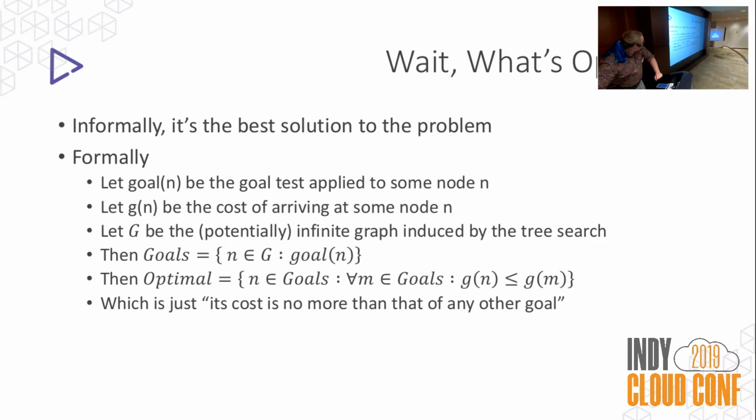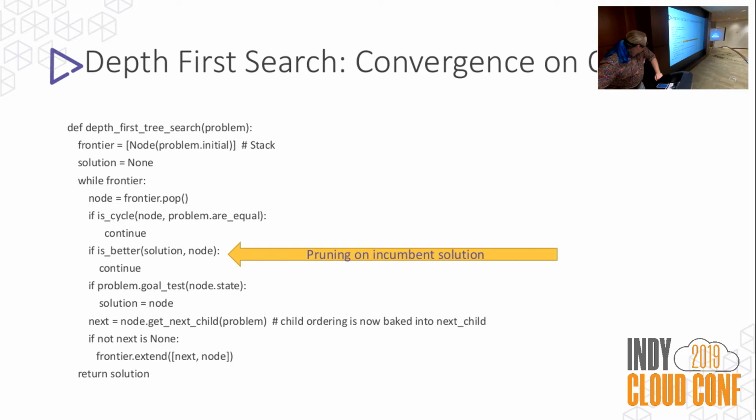We can do interesting pruning based on optimal solution cost, or based on incumbent cost, to converge on the optimal solution. So I skipped over this line previously. If the node that we have in hand is better than the solution, or rather, if the solution is better than the node, keep going. This is actually where all of the efficiency in depth-first search comes from. You find some answer, you throw away everything that's worse than that answer, rather than considering it.